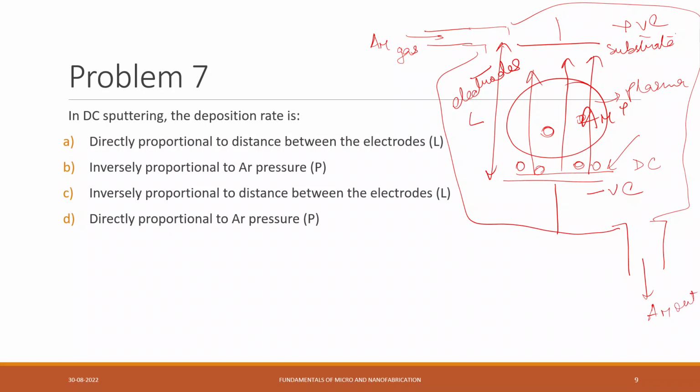So in this chamber, how can these two factors, the argon pressure and the distance between the two electrodes, affect the deposition rate?